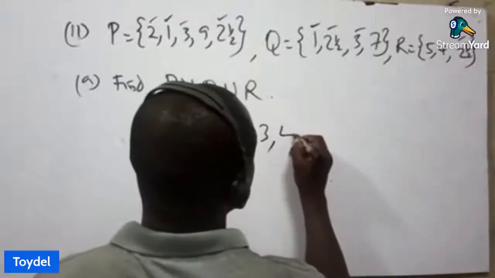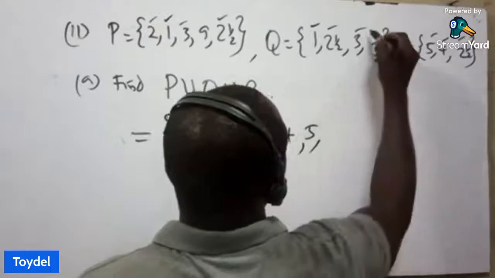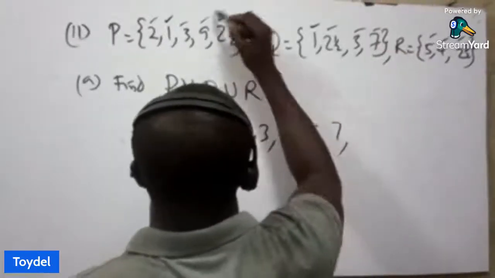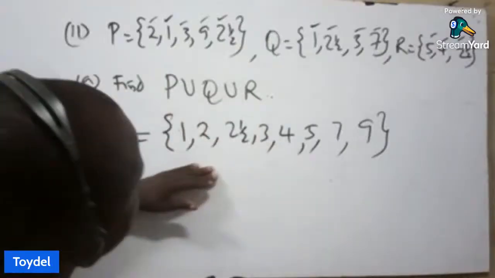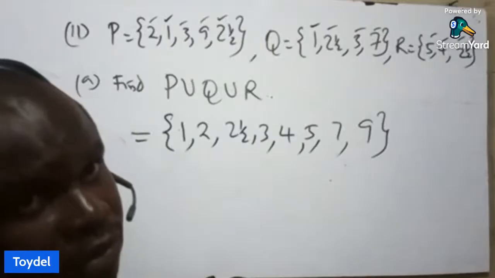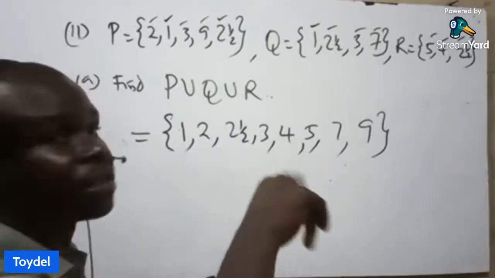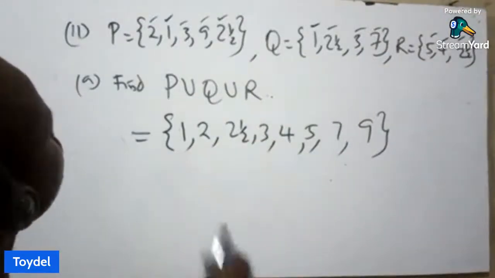There is 4 here, we pick 4. There is 5 here also, we pick 5. Then we have 7 here, we pick it. Then we have 9 here, we pick it. So P union Q union R will be what we have here without repetition, because if you have 2 in all the 3 sets, then you only pick it once. That's the meaning of union.